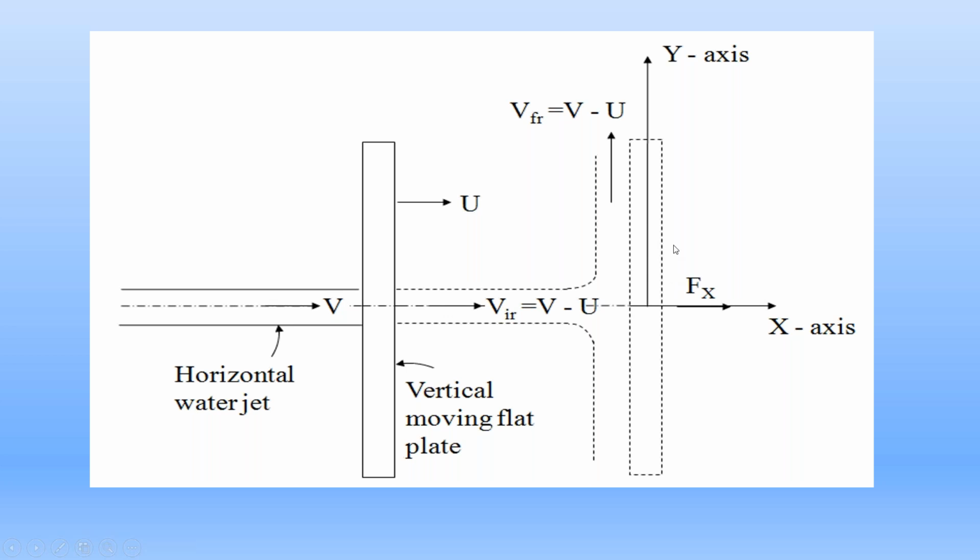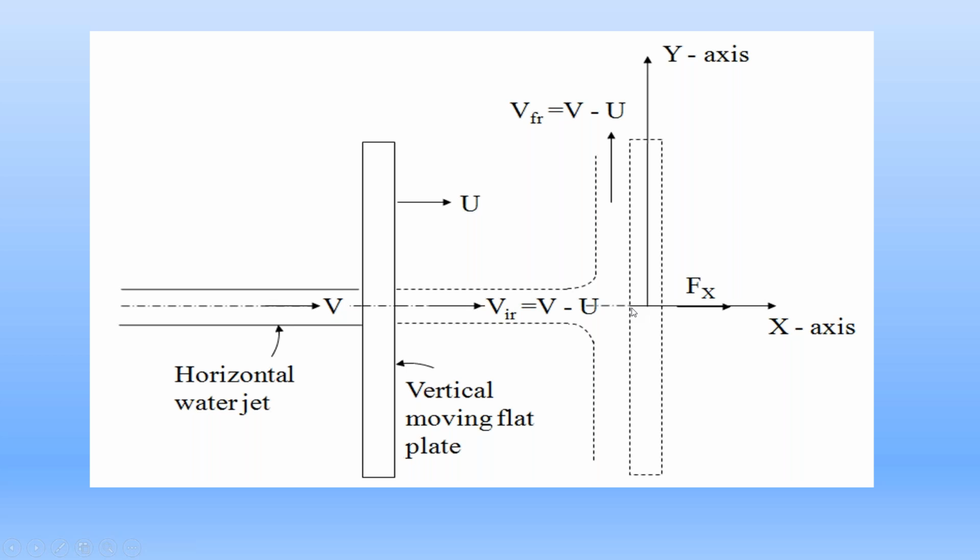Since the plate is vertical, after striking the plate, the water jet will move on the surface of the plate. Take the plate surface as a smooth surface, so there is no loss of energy when the water jet strikes the plate.